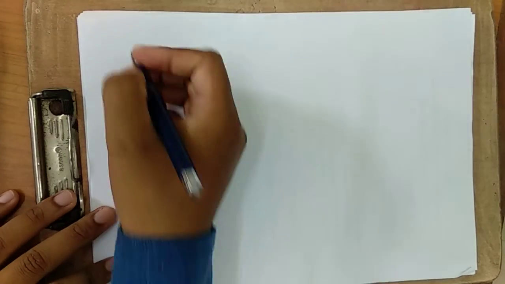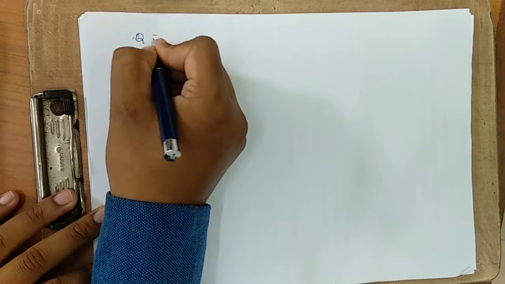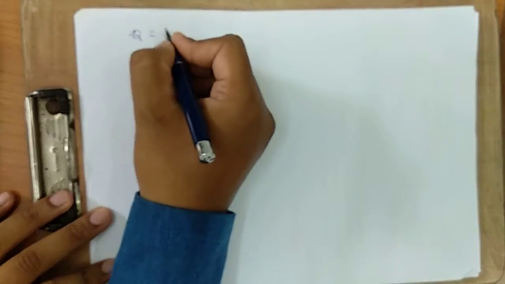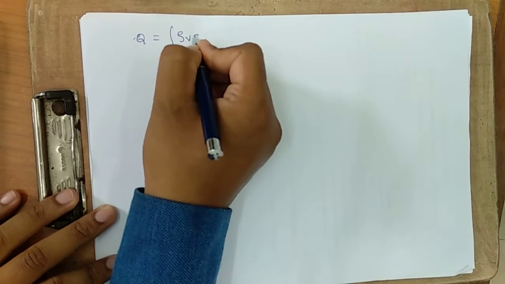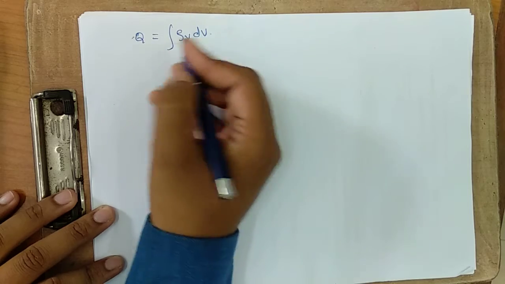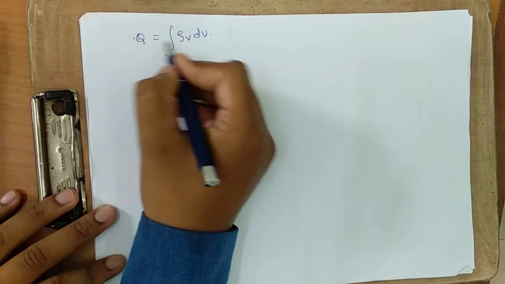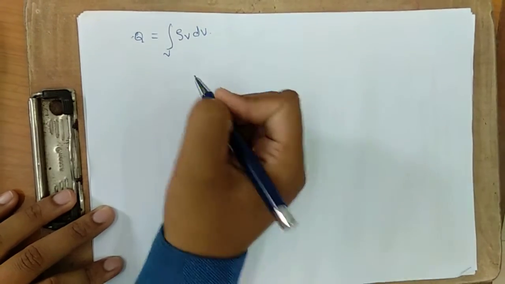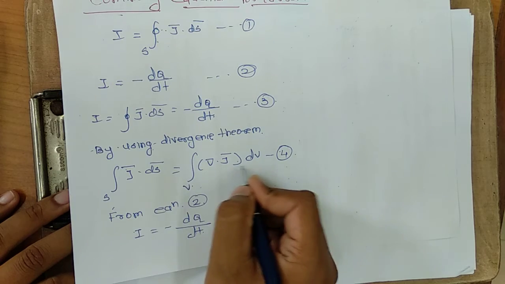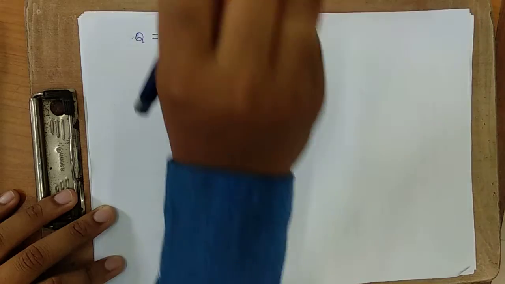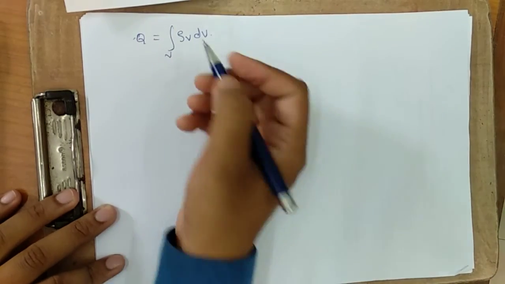If I want to represent this charge q as a volume integral, it will be the integral of rho v dv. If it were a surface integral, it would be rho s ds. Since the right hand side has a volume integral, I have to convert q into a volume integral. So q is equal to the integral of rho v dv.